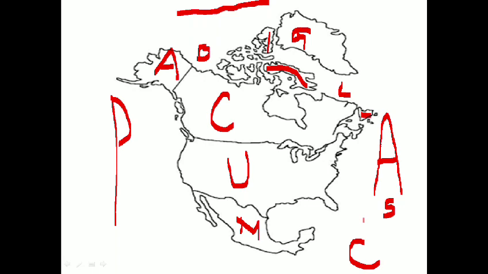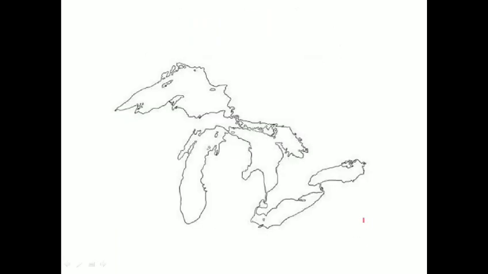Now next, these are the lakes. What are these lakes? These are called the Great Lakes. This is Lake Superior, this is Lake Michigan, Lake Huron, this is Lake Erie, and finally this one is Lake Ontario.